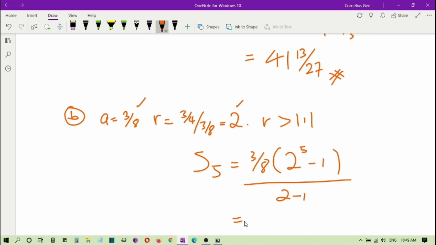This is quite straightforward: 32 minus 1 times 3 divided by 8. So this will give me 115 over 8. So this is how you use these two equations to find the sum.